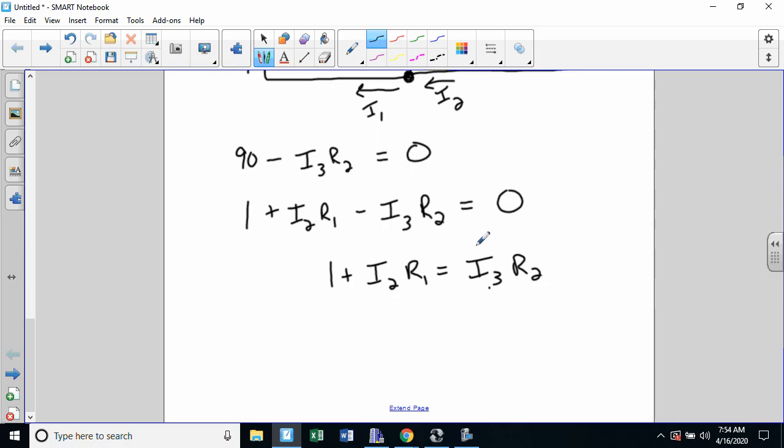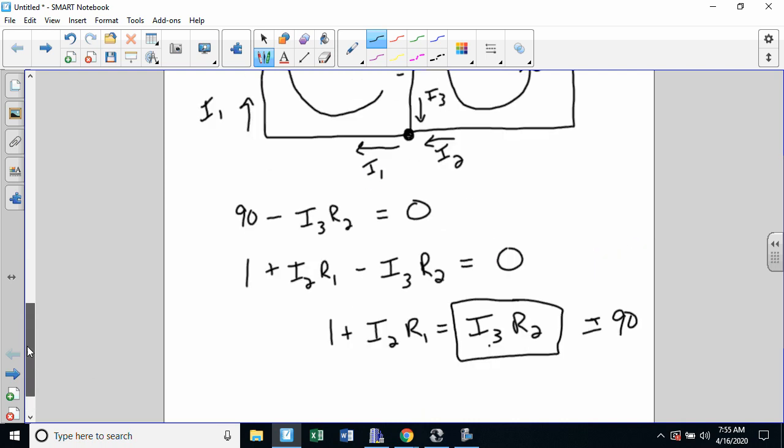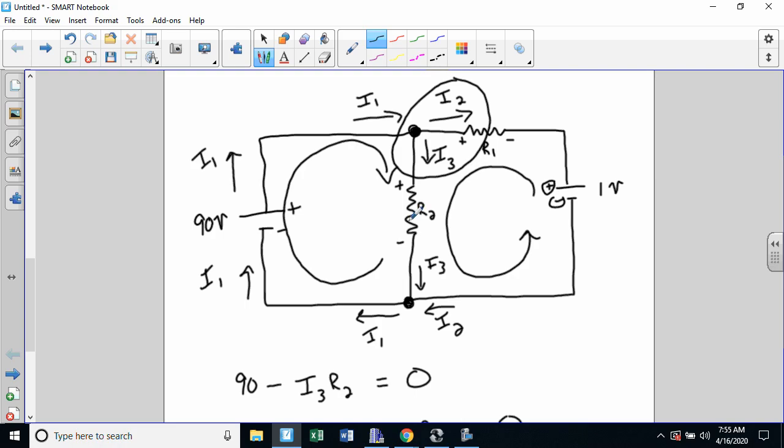Just to confirm that this is right, I think it's interesting to say from the first equation, I3 times R2 is 90. The voltage on this middle resistor is the same as the battery, and that makes sense because R2 is in parallel with the battery.